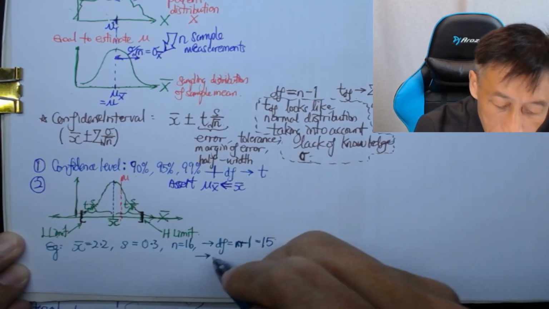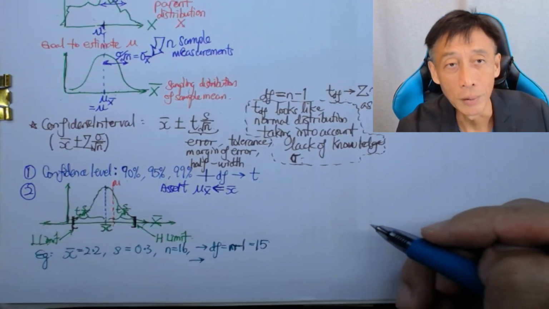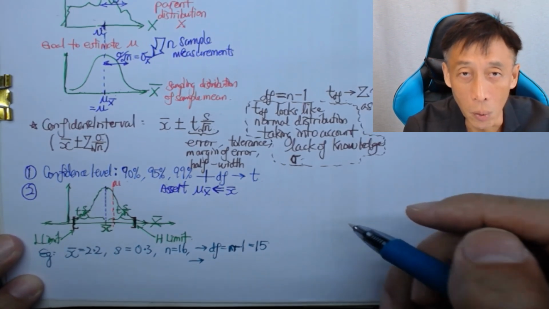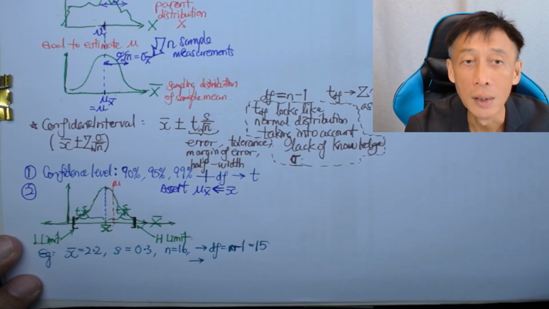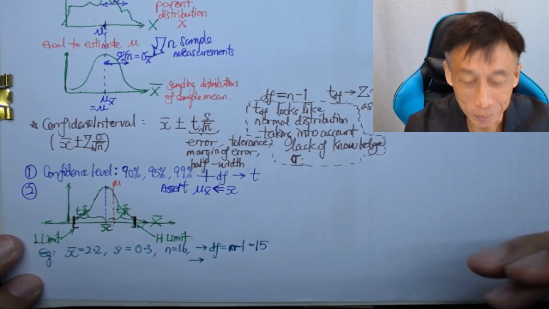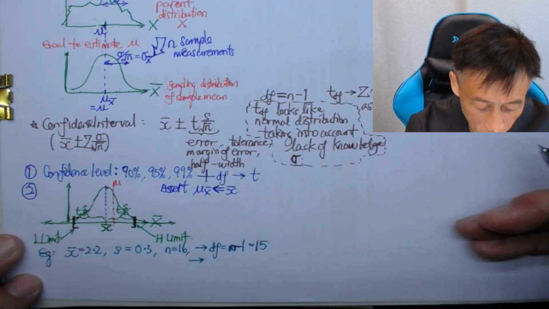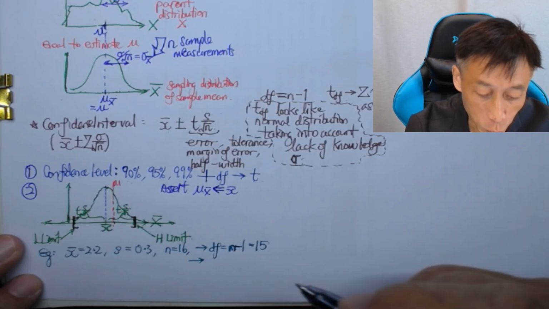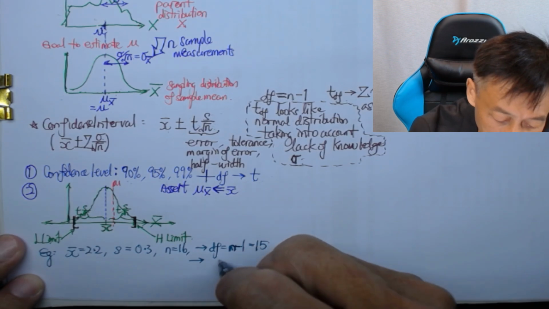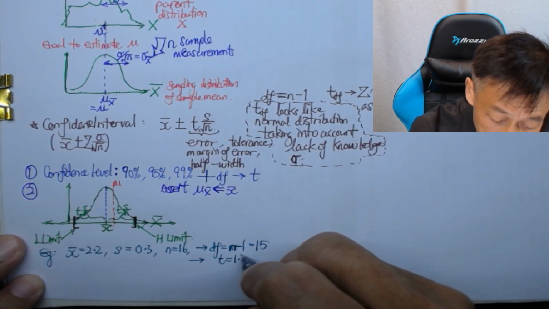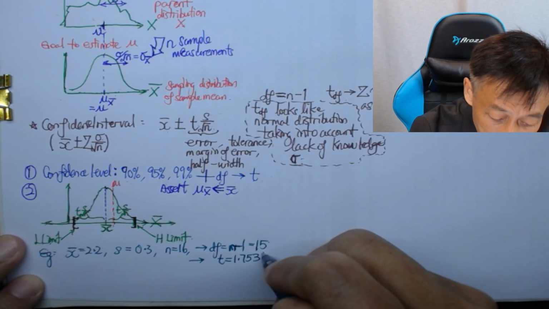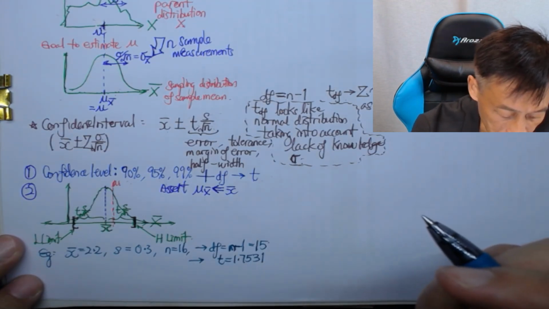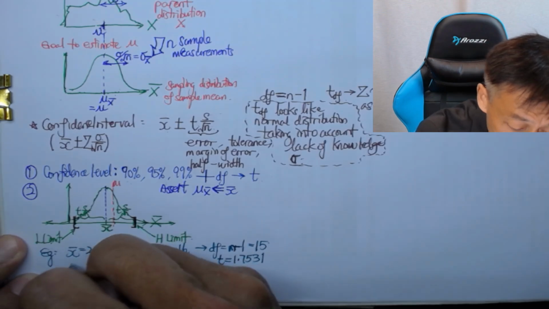If you look up using Excel or R or Python, using the t dot inverse or qt, the inverse of the t distribution with 15 degrees of freedom, you could find that the t value is 1.7531. So the confidence level in this example is 90%.